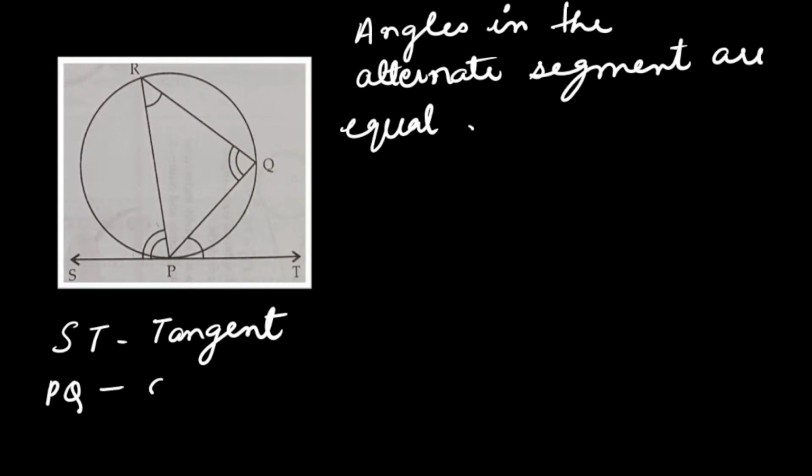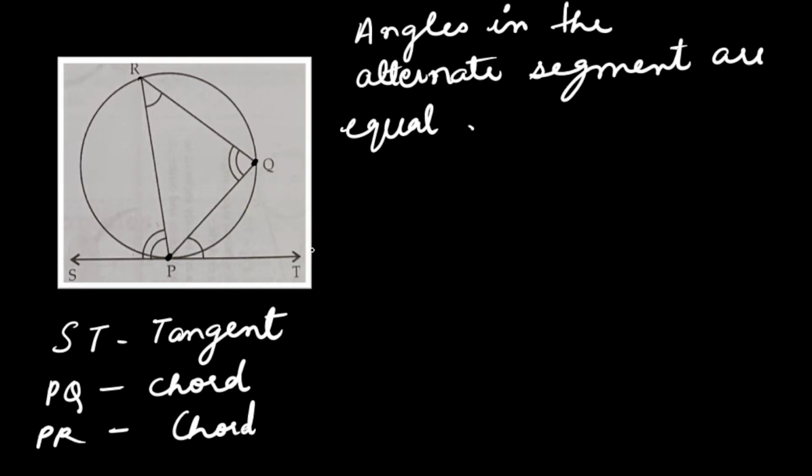PQ is a chord, because a chord is a line inside the circle with its end points on the circumference of the circle. PQ is a chord and PR is also a chord.